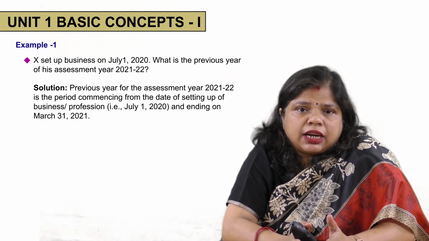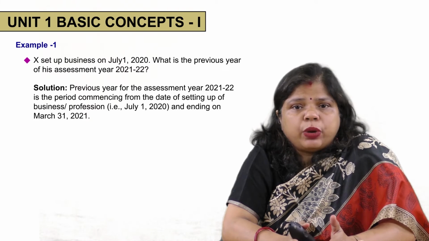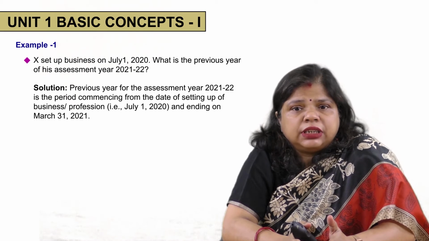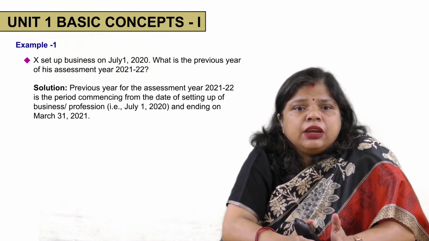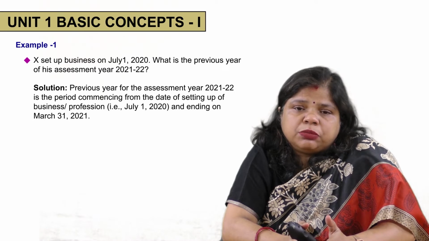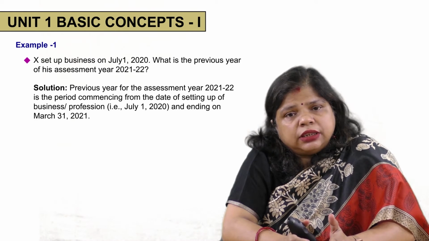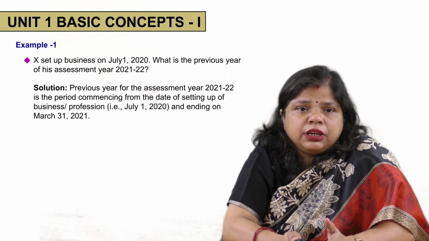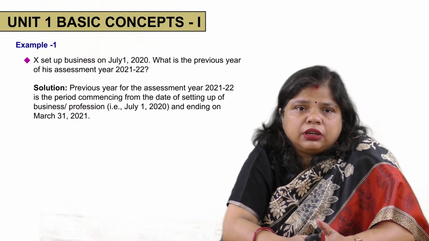Here X starts his business in July 2020. So we consider the period from July 1st 2020 to 31st March 2021 as Mr. X's previous year for the assessment year 21-22.